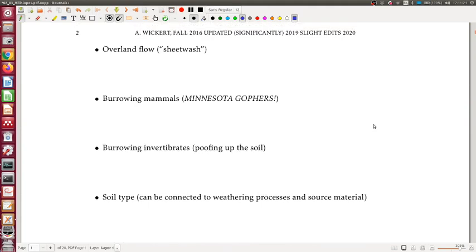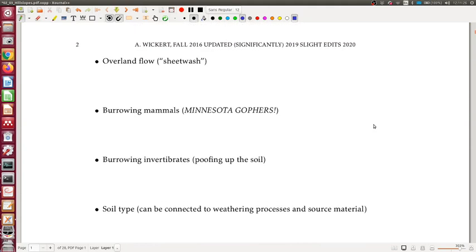So that's one option. Another one is overland flow or sheet wash. If you imagine, I'm just going to draw this little cross-sectional hill slope, and this is underground. If there's a lot of rain, so here's my favorite little cloud, and we've got lots of little raindrops coming off of it.